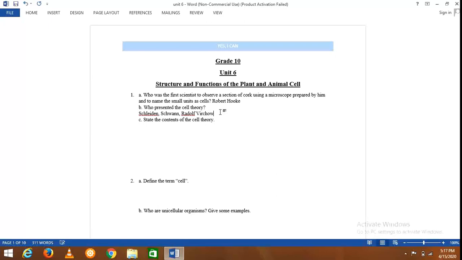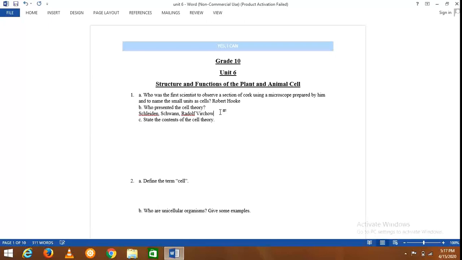Then, all organisms are made up of one or more cells. The organisms which are made of one cell, we call them unicellular organisms. And the organisms like us who are made of more cells, in our body there are several millions of cells, so we are known as multicellular organisms.